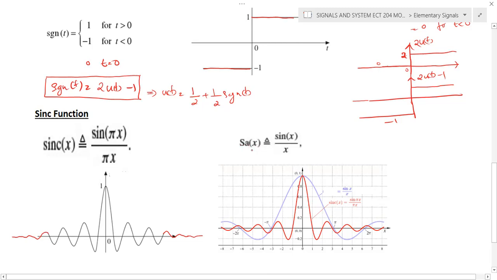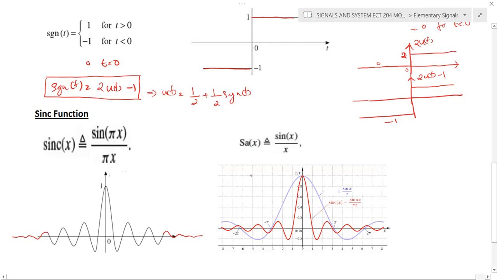Sa of x. Sa means it's sine x by x. Very specifically, if you are writing pi, then it is sine pi x by pi x, that is sinc. Okay, and you can see that both the function follow the same shape. Okay, so only the representation is different. To make it comfortable, sometimes we'll write sa and sometimes sinc.